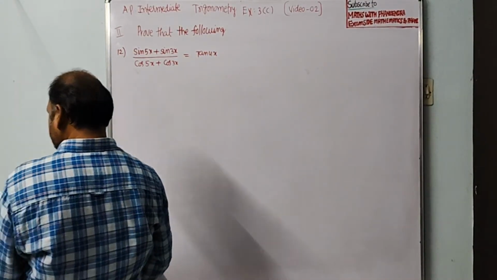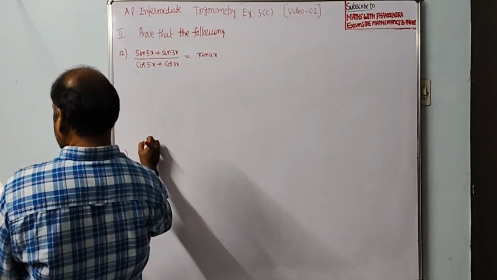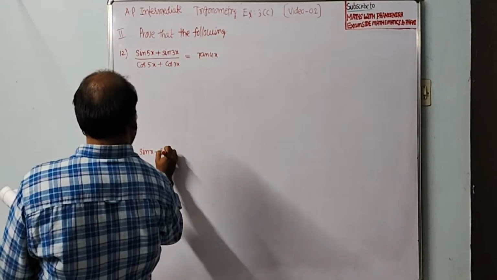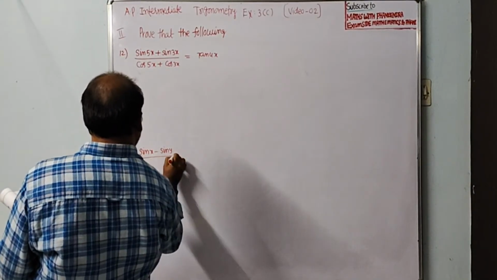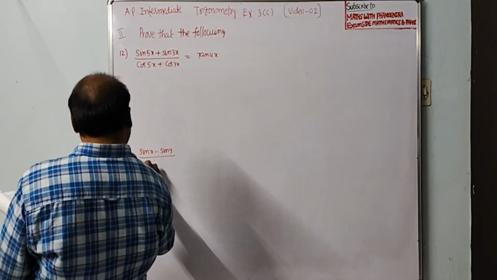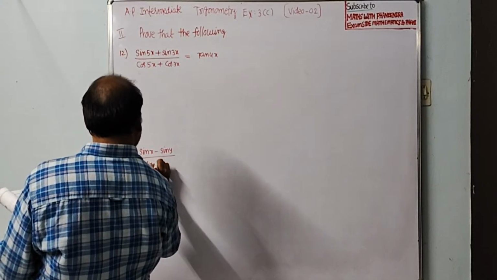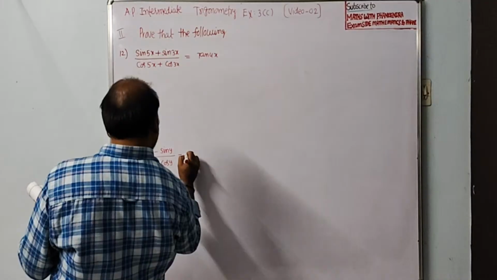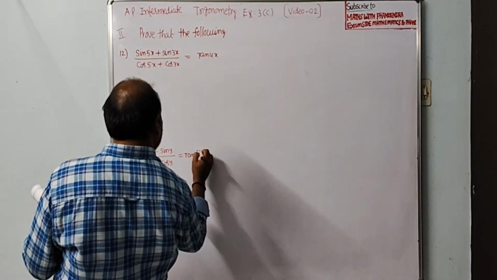Question number 13. Sin x minus sin y divided by cos x plus cos y is equal to tan of x minus y by 2.